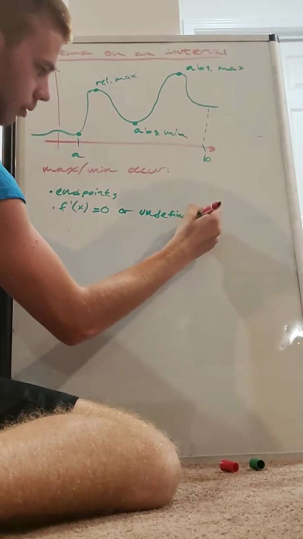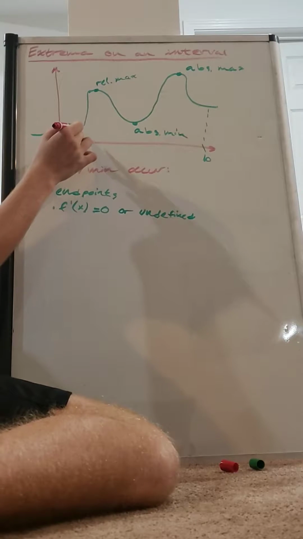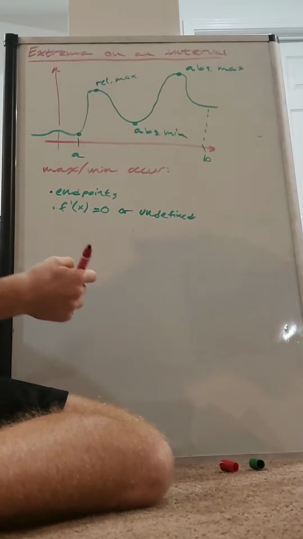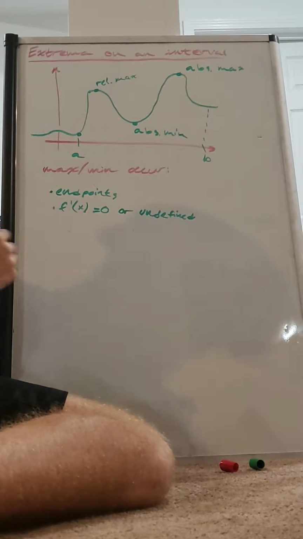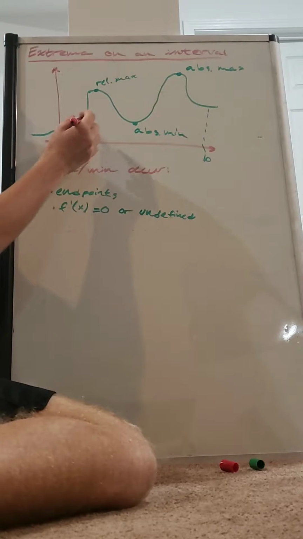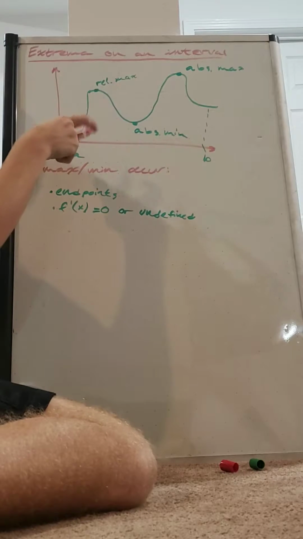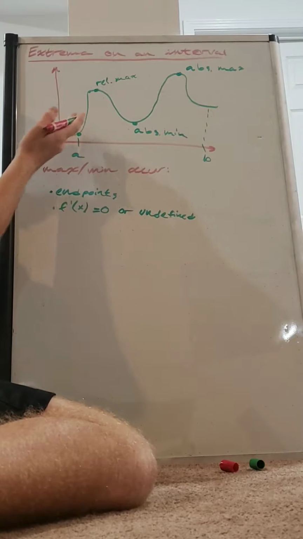So looking at this, we see everywhere that the graph turns around, we have either an absolute maximum or minimum or a local maximum or minimum. And if we think about this, if the graph of f of x is going up, that means it's increasing, and that means the derivative is positive.